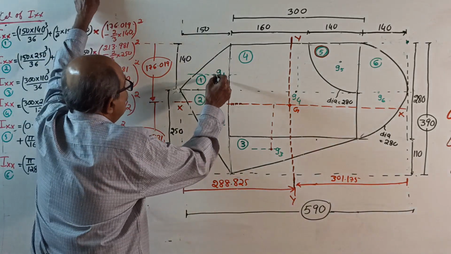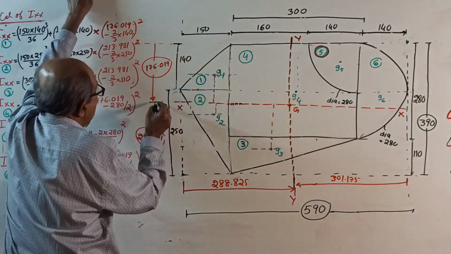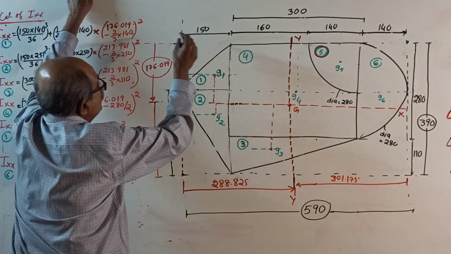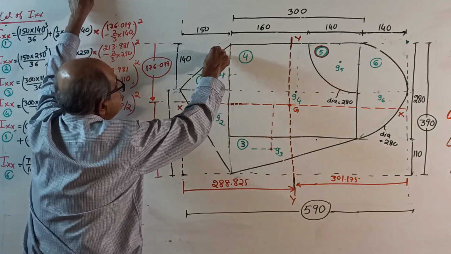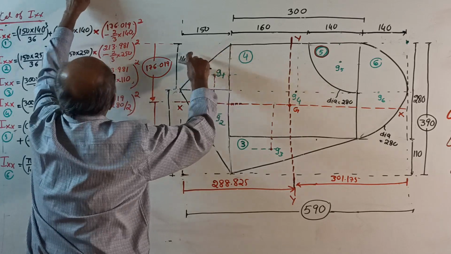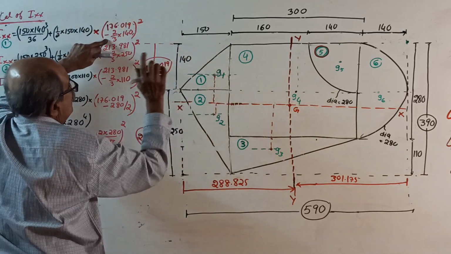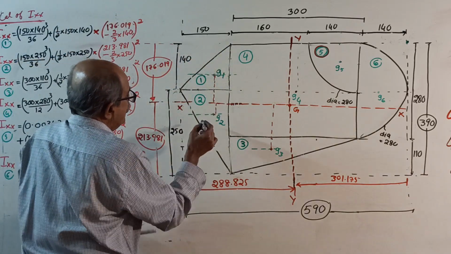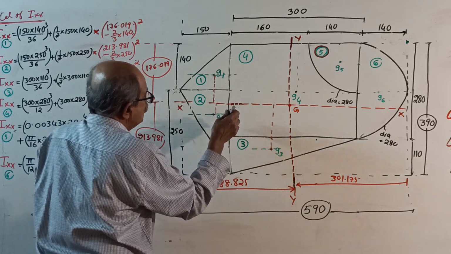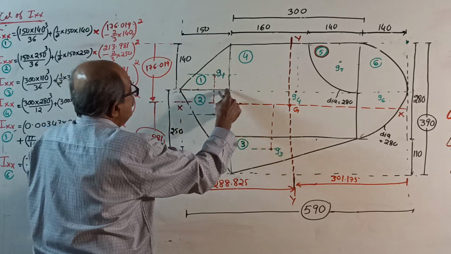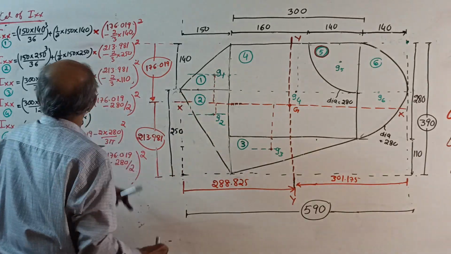So, into this distance square is, see, 176.019 minus this distance, which is 2/3 of 140, whole square. Figure number 2, component 2. I about its own axis, 150 into 250 cube by 36.